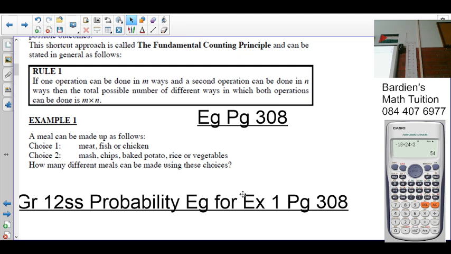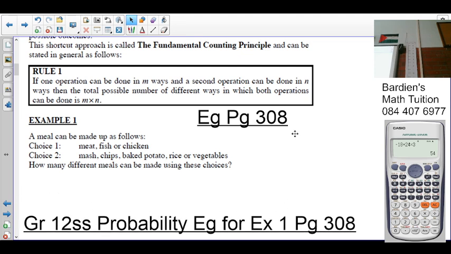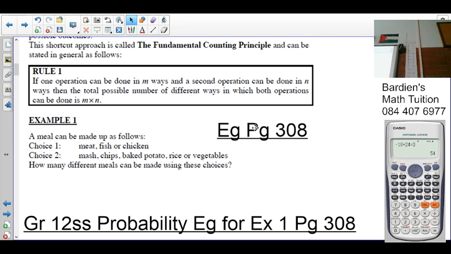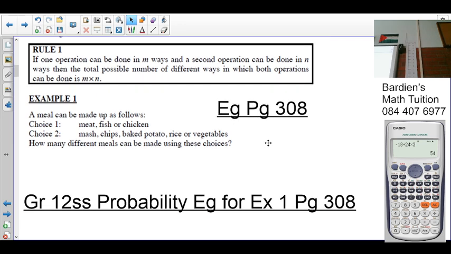The rule says if one operation can be done in m ways, and the second operation can be done in n ways, which means your m value and your n value, your first operation and your second operation, could be different or the same, then the total number of possible different ways in which both operations can be done is m times n. Write that down quickly.